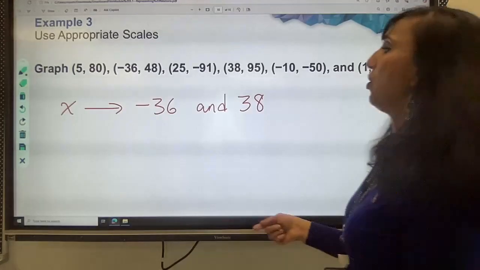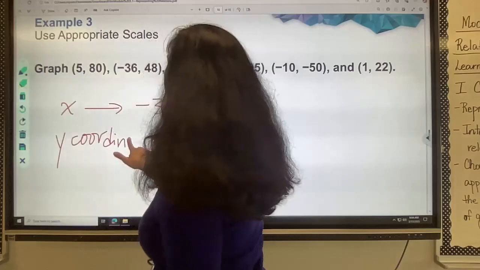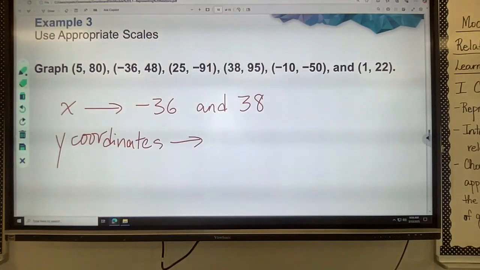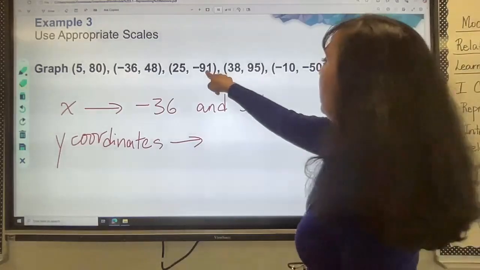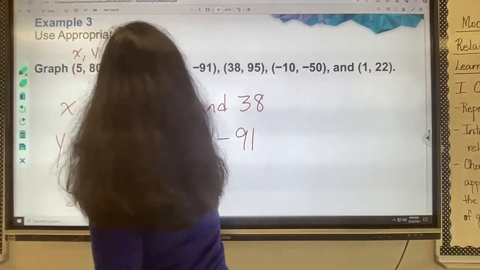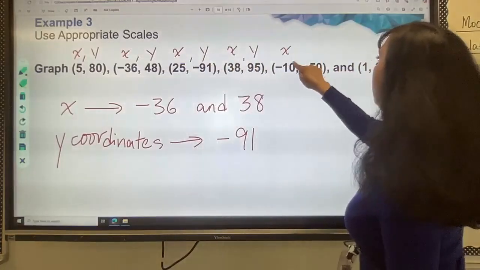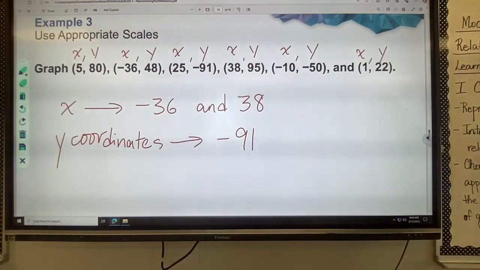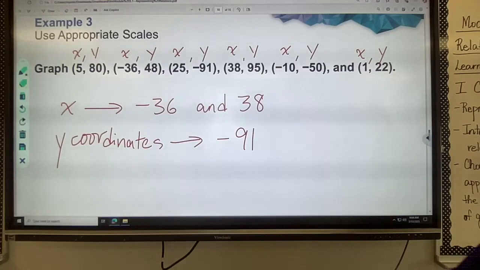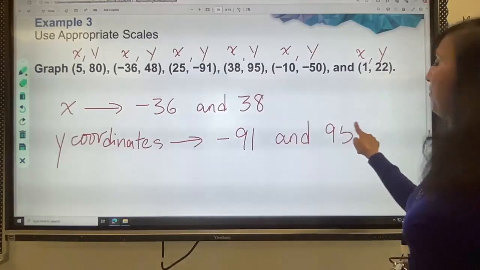Let's look at the y coordinates. Just like we have x coordinates, we have y coordinates. And let's look at the smallest and the largest. So what's the smallest in the y coordinate? I can see it is -91. Okay, please remember the first one is always x, second is y. So the smallest is my -91, and then my largest one, as I can see over here, is 95.